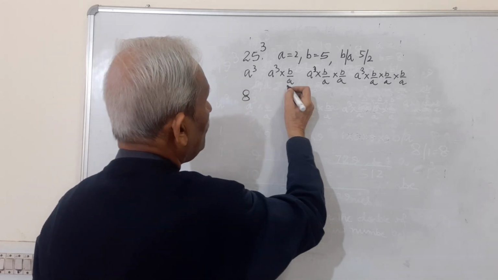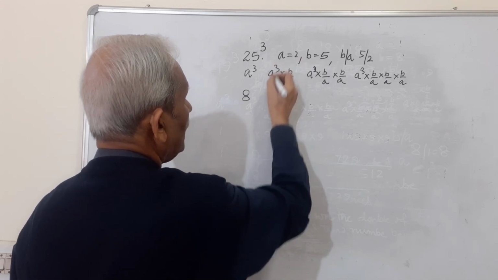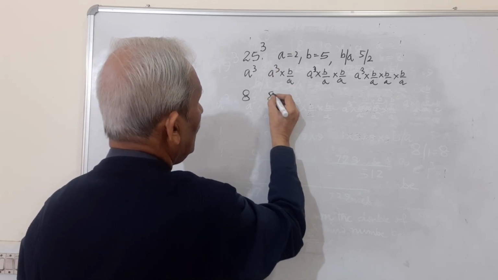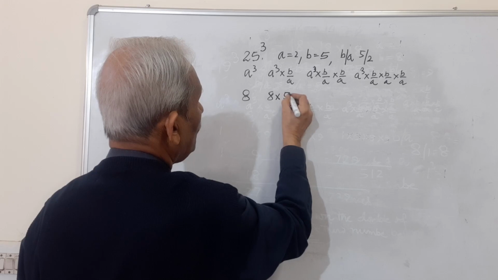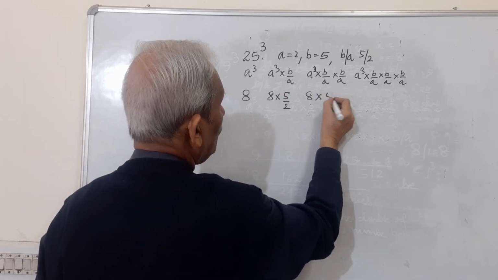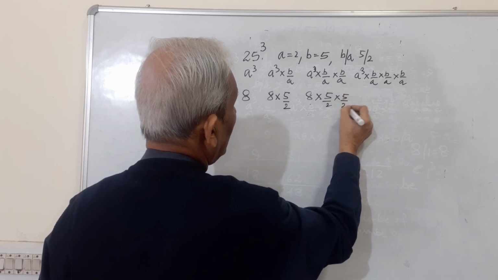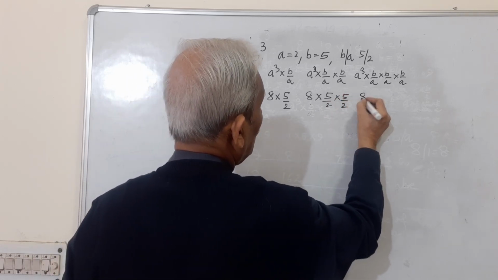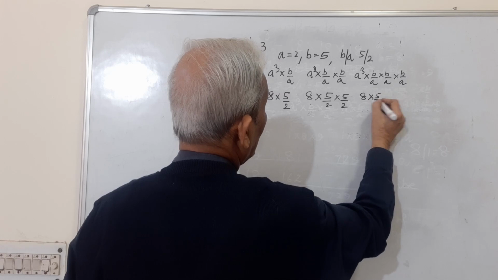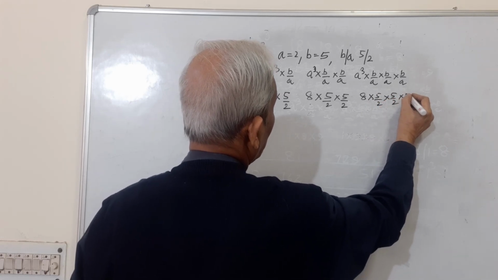Then 8 into b by a, which is 5 by 2. Here 8 into 5 by 2 into 5 by 2. Here it's 8 into 5 by 2 into 5 by 2 into 5 by 2.